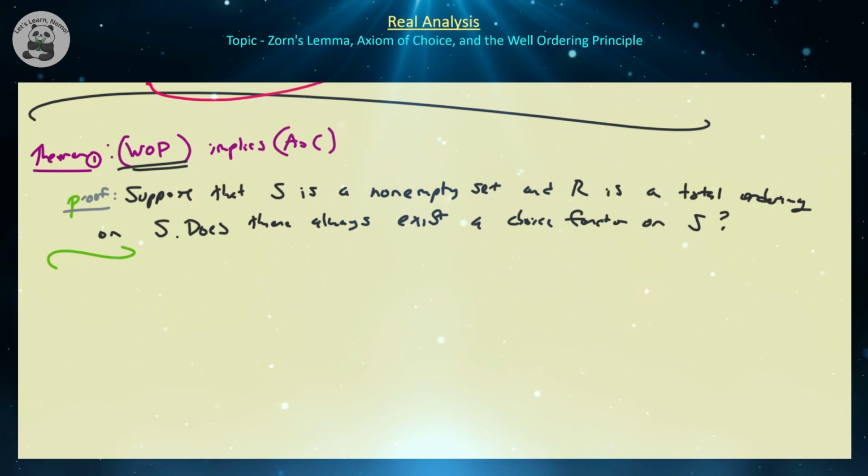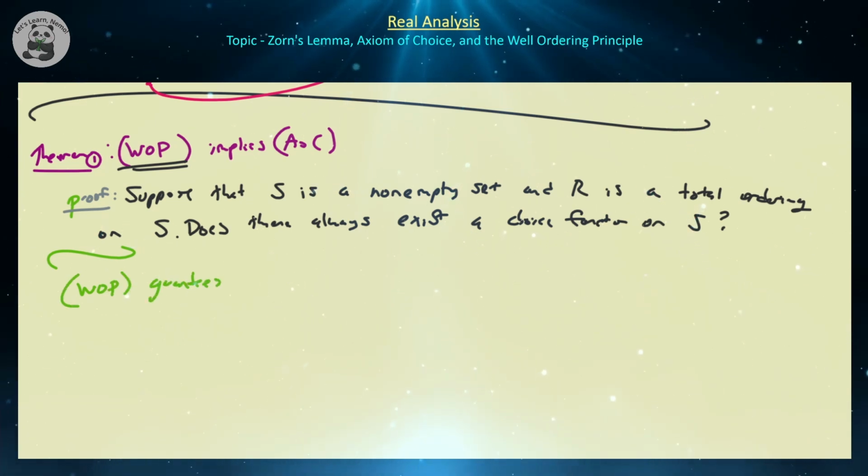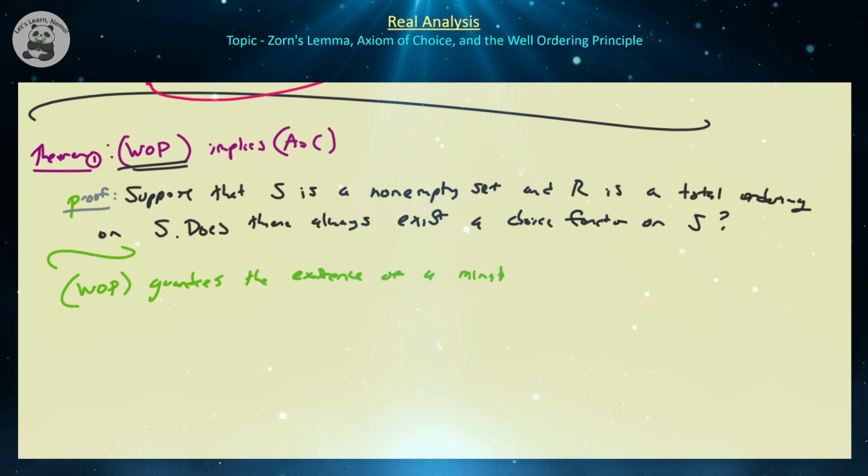So if we're assuming that we have a non-empty set and R a total ordering on that set, then the well-ordering principle guarantees the existence of what? Remember, the well-ordering principle states that every non-empty subset has a least element. Some people will also call it a minimal element. So it guarantees the existence of a minimal element. In some sense, minimal and least are synonymous since we're dealing with the total ordering.